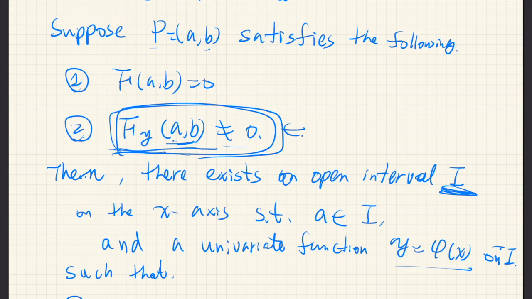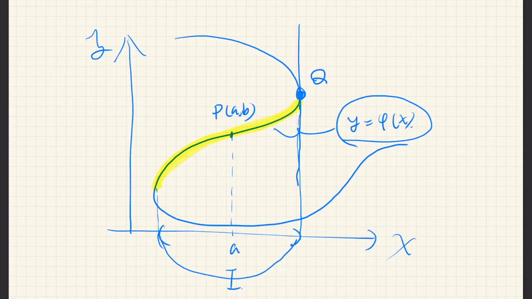The partial derivative with respect to y should be non-zero, but at this point, that is 0. And similarly, at this point, let's call this r. Again, this tangent line, the slope is vertical, so we cannot define an implicit function around this point.